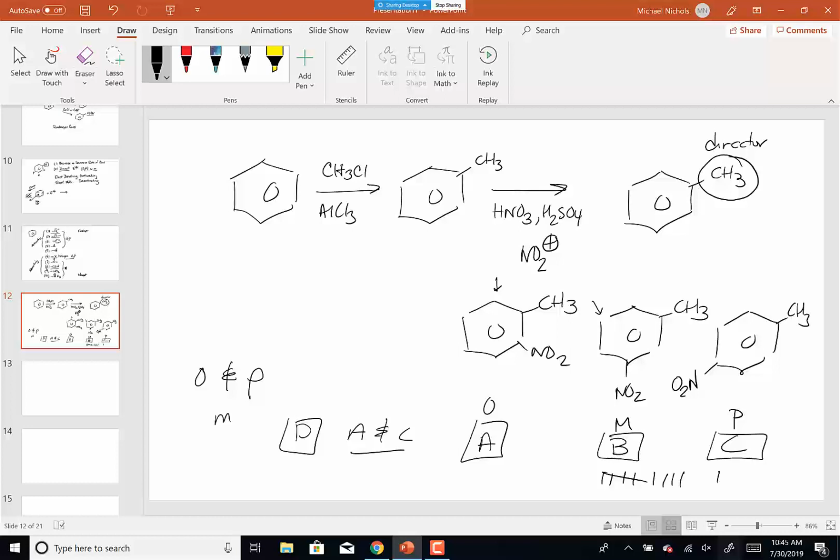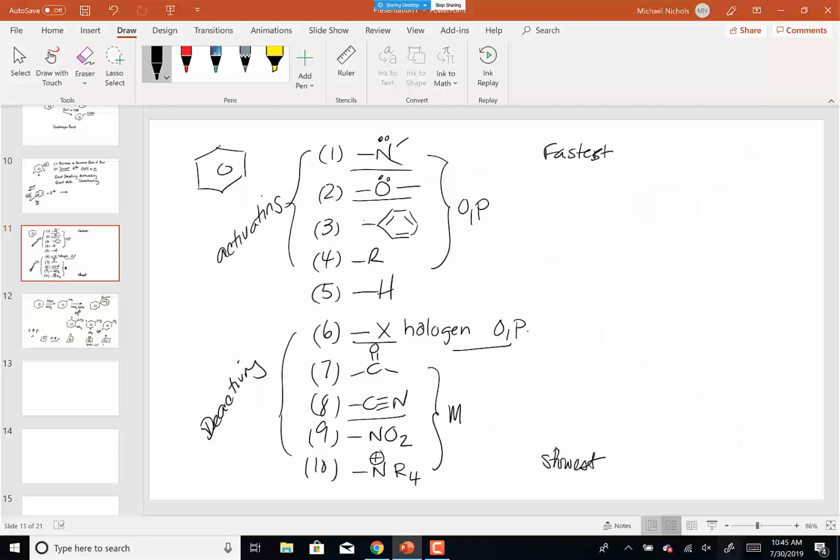So when I go back and I have this list of groups, these are groups that are already on the ring. And the group that's already on the ring is going to direct the electrophile where to go.